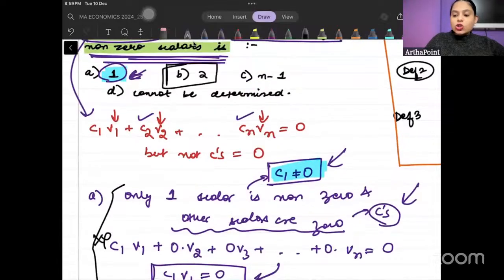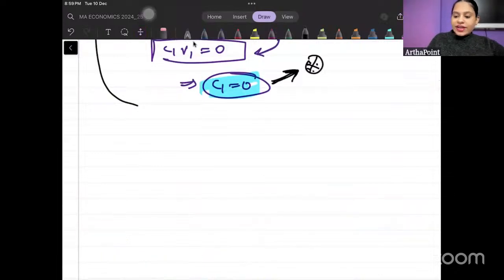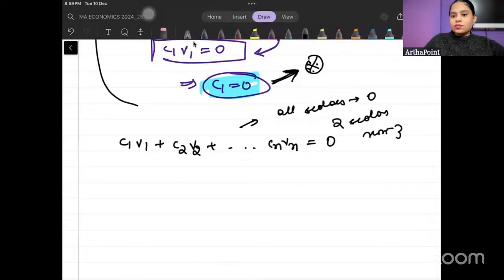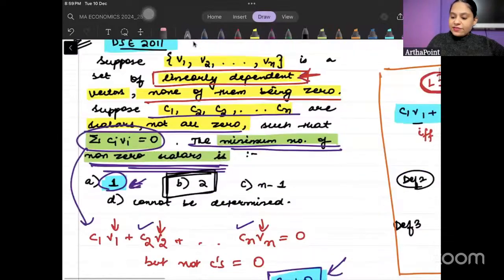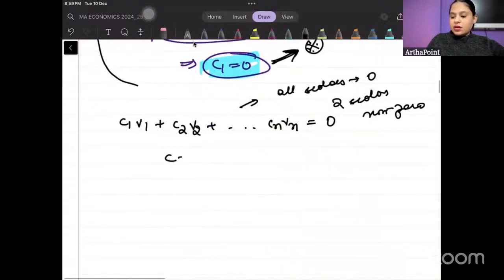Now try with option B. B says that two scalars are non-zero. So let's start again. So what will I go ahead and get? I will get C1 V1 plus C2 V2 and so on till Cn Vn equal to 0. Now option B tells me that two scalars are non-zero. यही तो बोल रहा है option B, that I have two scalars which are non-zero. Okay, let's put C1 not equal to 0, C2 not equal to 0 and other scalars 0. So what will I get?